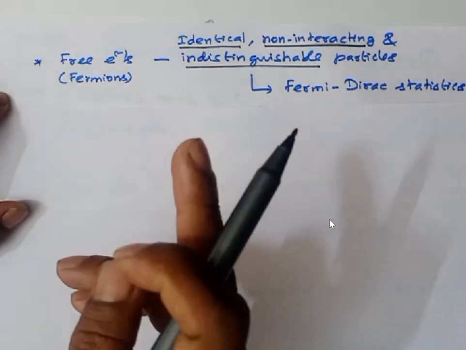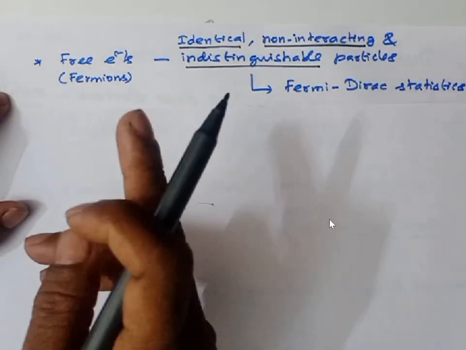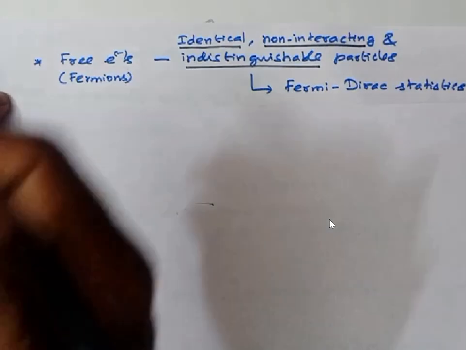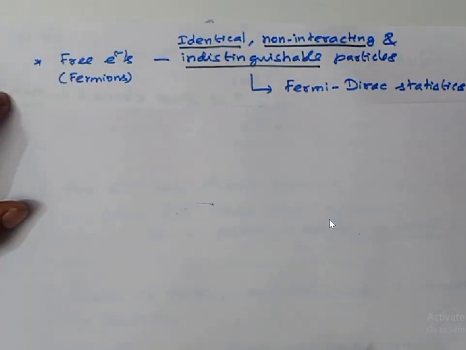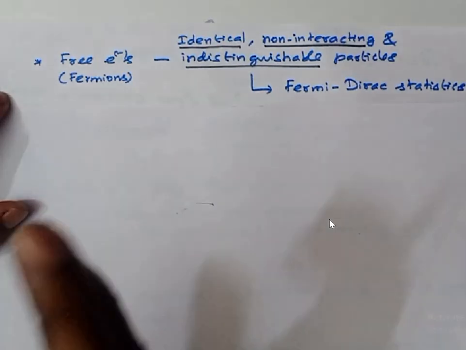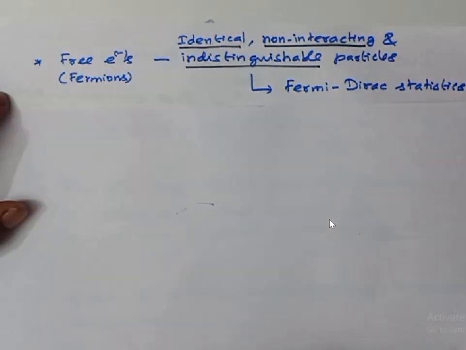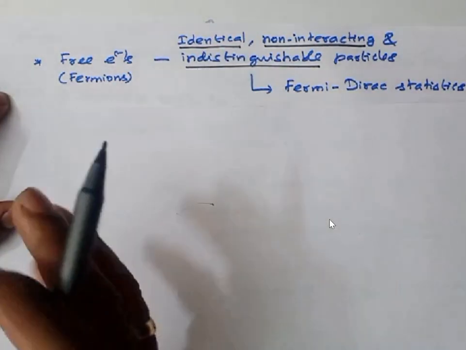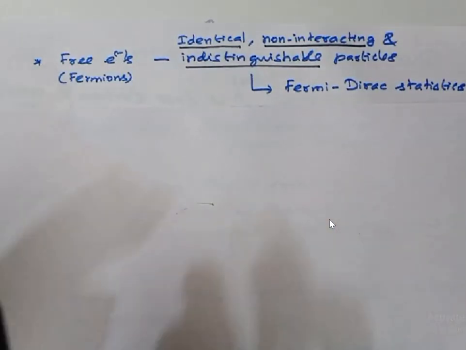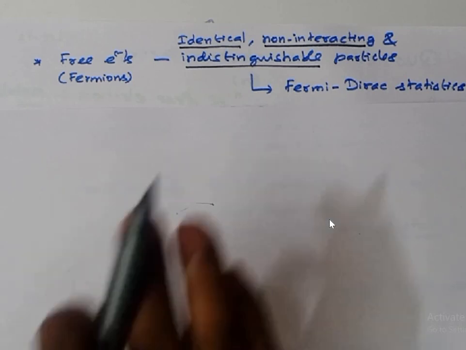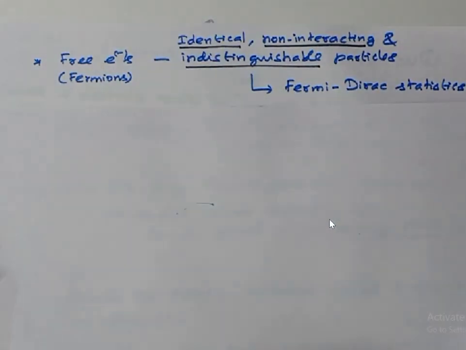You know very well, if you assume the particles as classical particles, then we use Maxwell-Boltzmann statistics, which usually assumes distinguishable particles. But the free electrons in a metal behave like a gas and move randomly here and there, so it is not possible to distinguish one free electron from another. Therefore, free electrons in metals are definitely indistinguishable particles, so this assumption is very valid.